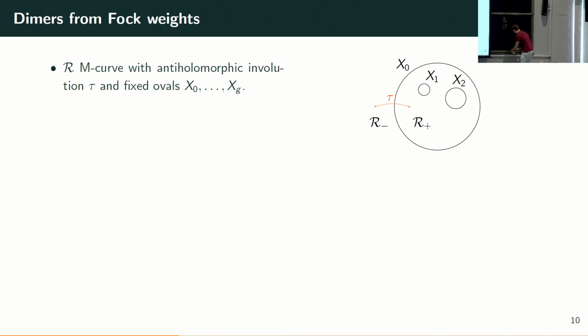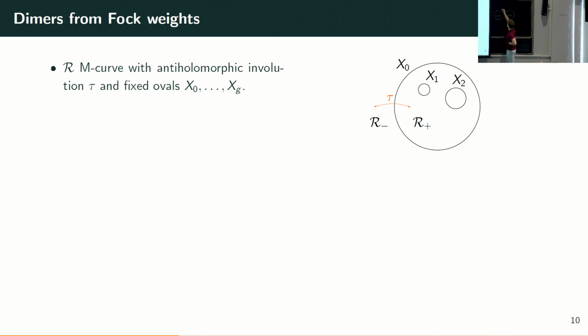Basically, when we draw a Riemann surface of, let's say, genus 2, usually we draw something like this. An M-curve is a compact Riemann surface along with an anti-holomorphic involution.